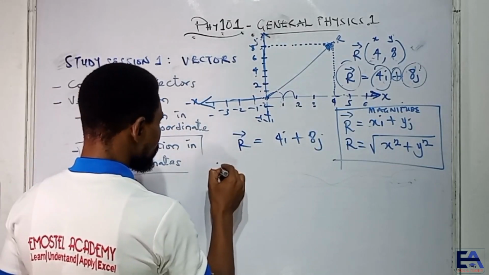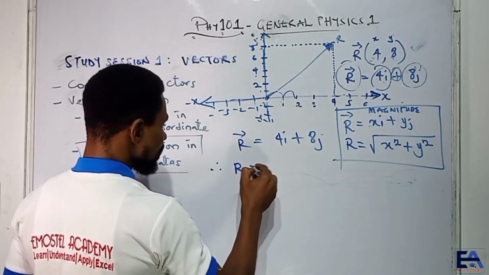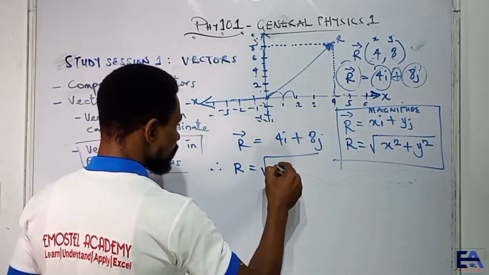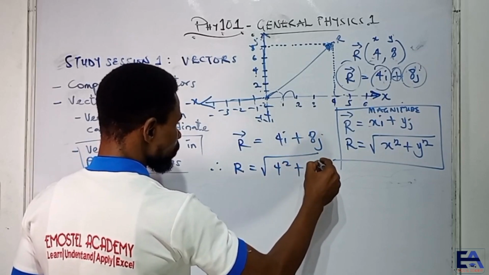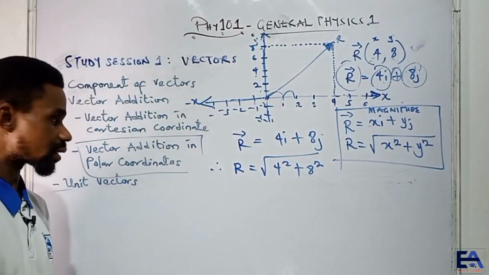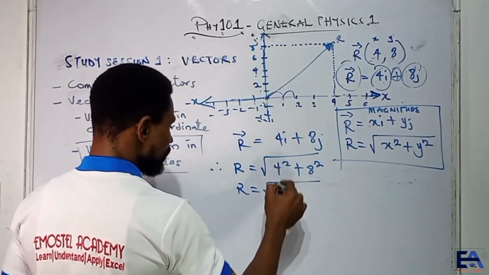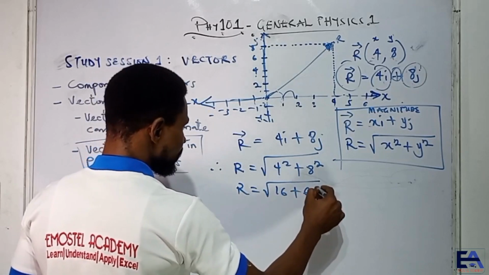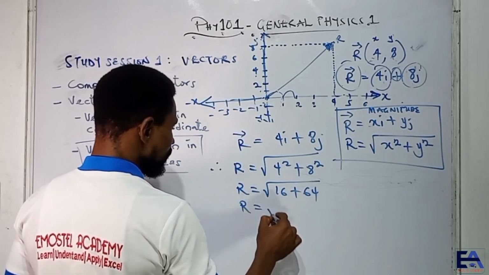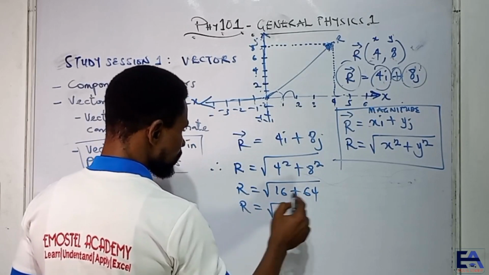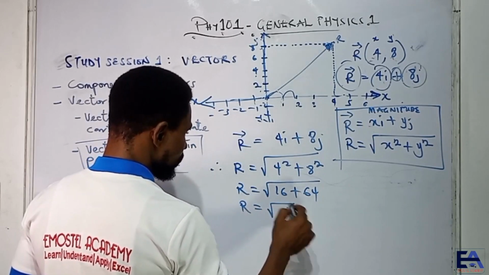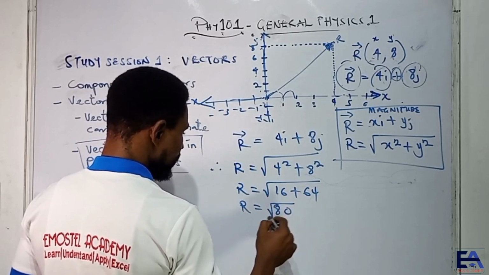So therefore, the magnitude of vector R is going to be equal to the square root of 4 squared plus 8 squared. You understand? 4 times 4 is 16, 8 times 8 is 64. Then the magnitude of vector R is the square root of 80.